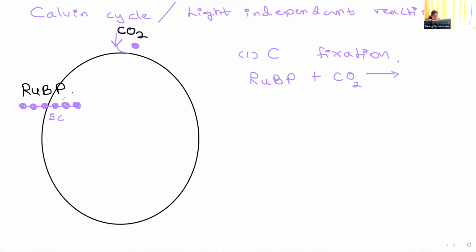Each and every circle represents a carbon, yeah. Okay, so this is what happens in carbon fixation.